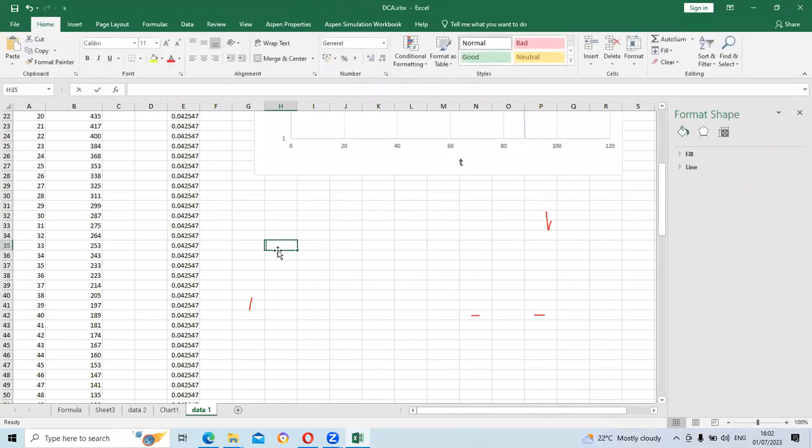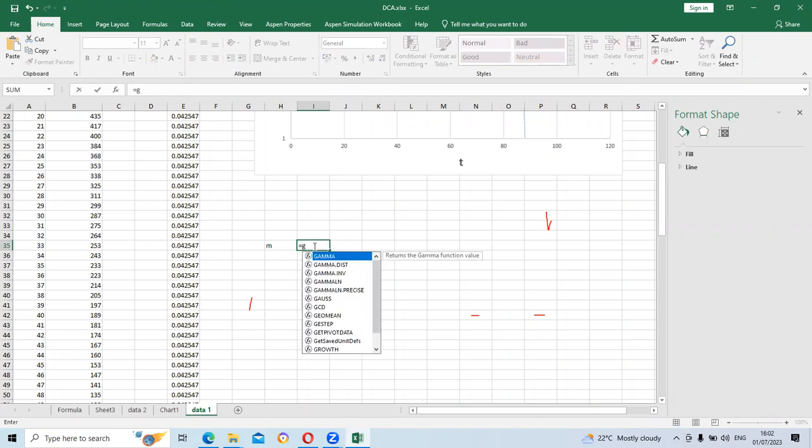I want to calculate the value of m. M is equal to, we know that gradient is equal to the change in the y-axis all over the change in the x-axis. So I will write gradient.